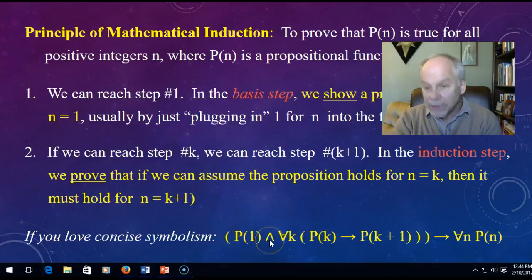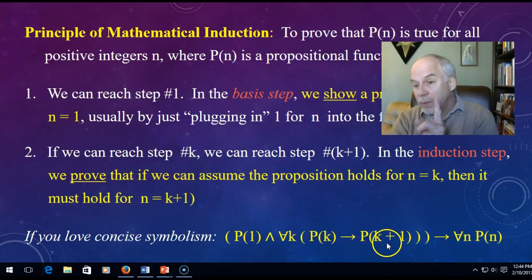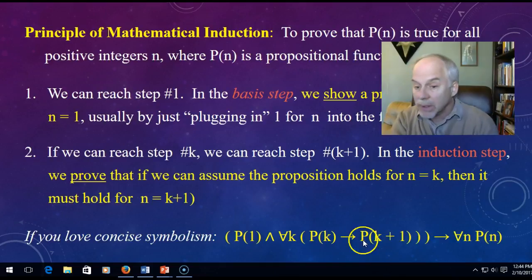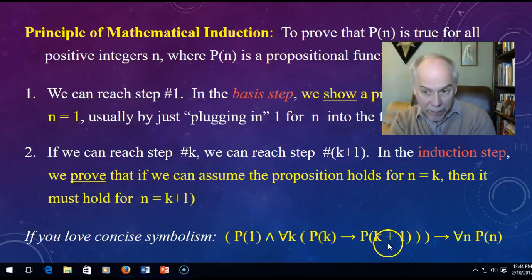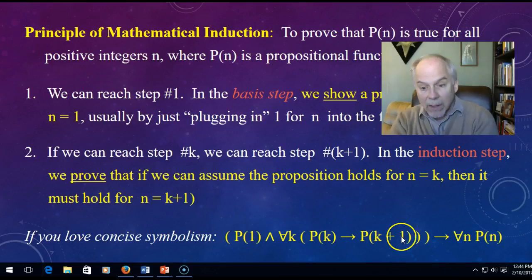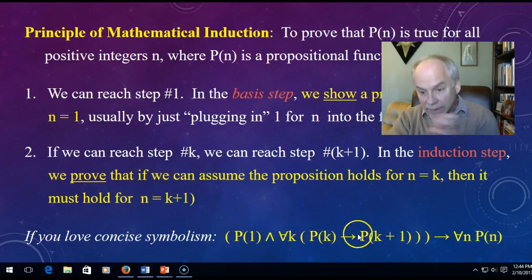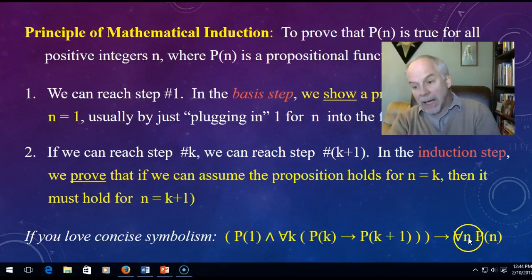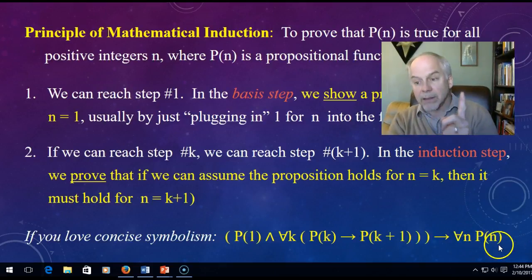And then that symbol is and, so it works for the first case. And for all k, if P of k also gives you P of k plus 1. So if it works for the kth term, then we also know that it works for the k plus 1th term. Those two facts together imply that for all n, P of n holds true.